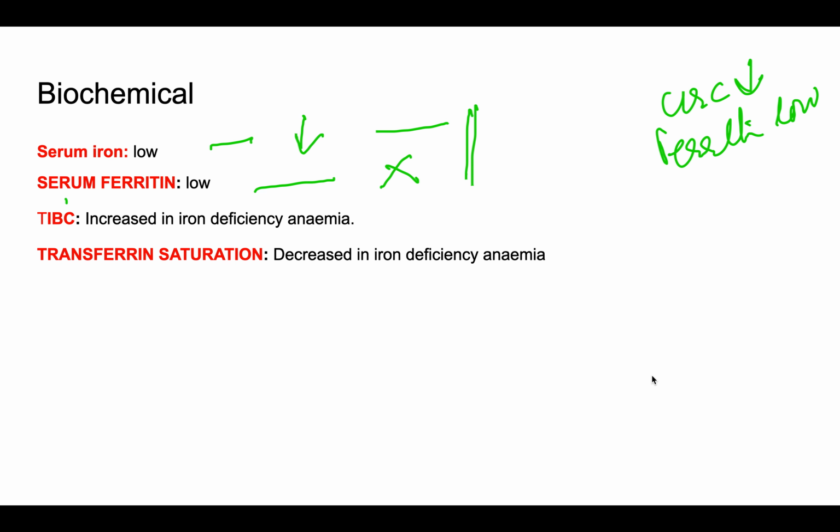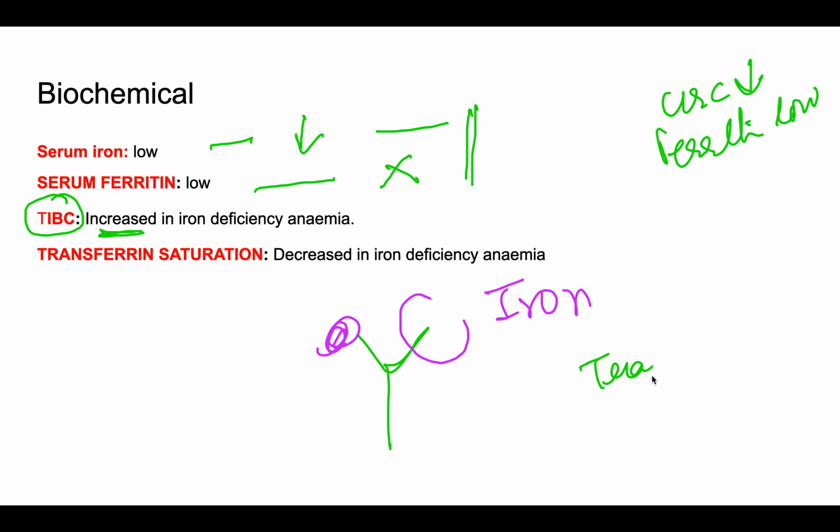Then TIBC will be increased. What is TIBC? That is total iron binding capacity. Now if the iron is low, the capacity is there to bind the iron, the transferrin. If this is a transferrin molecule, transferrin can bind iron. But if iron is not available, the transferrin is empty, so the capacity of transferrin to bind will be increased.